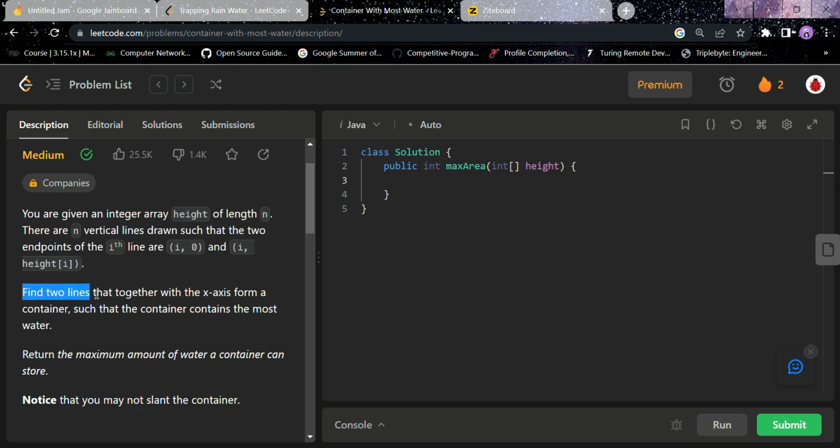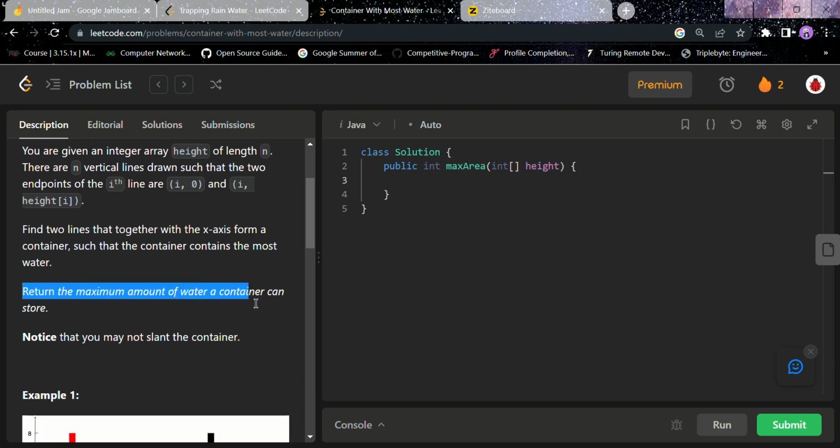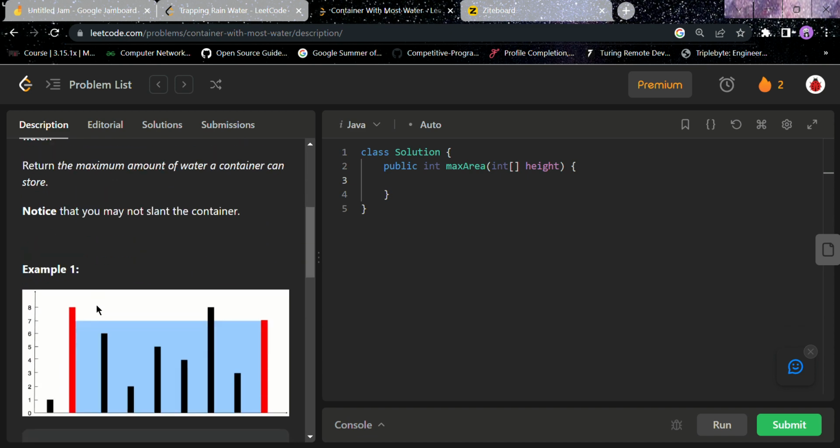Find two lines that together with the x-axis form a container such that the container contains the most water. Return the maximum amount of water a container can store. You may not slant the container.